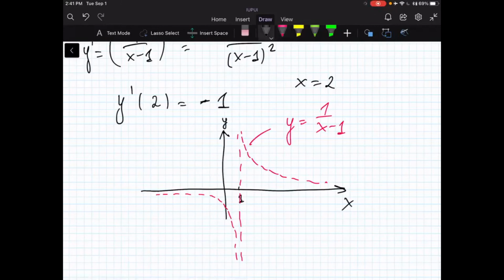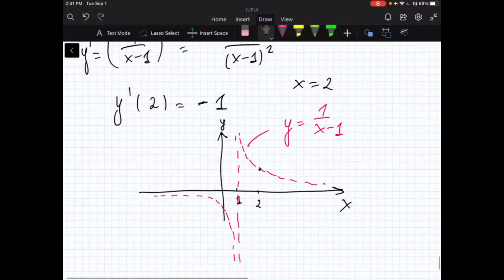And at point 2, our tangent line will have slope minus 1. So if I draw the straight line, it will have slope minus 1. So it will go like that.